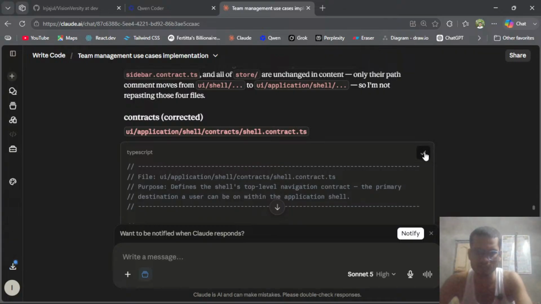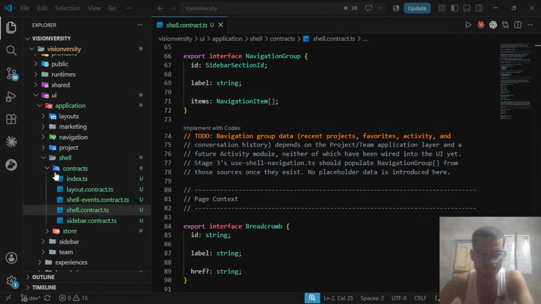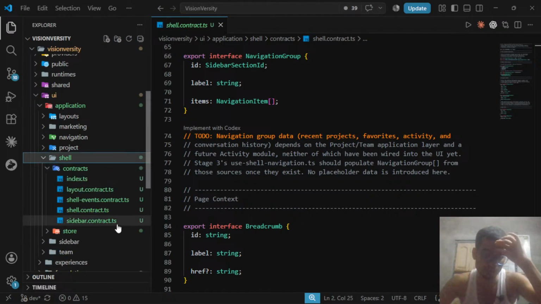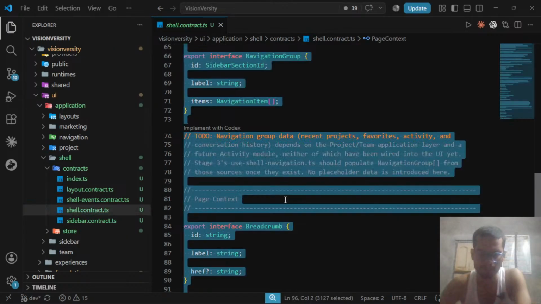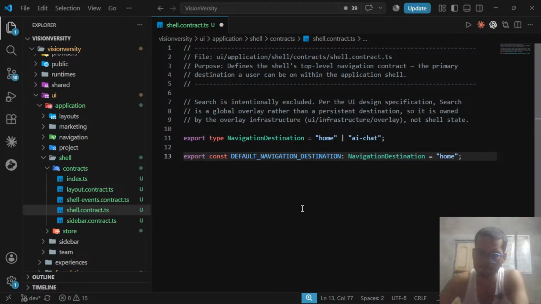Okay, so this is the cell function. Let's see. Cell function. Home.